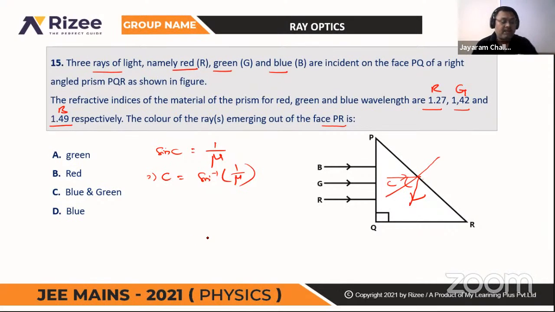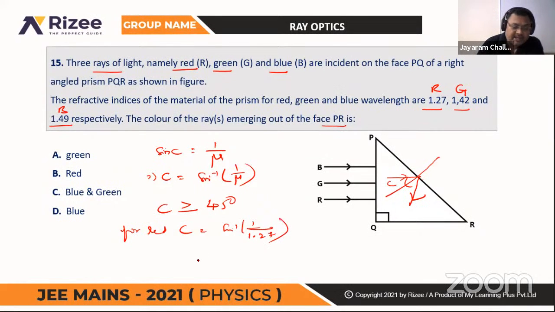So for the given situation, the C value has to be greater than or equal to 45 degrees. That means for the red, C is equal to sine inverse of 1 by 1.27.